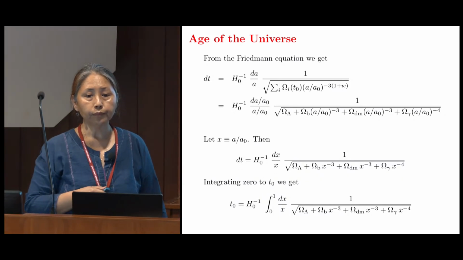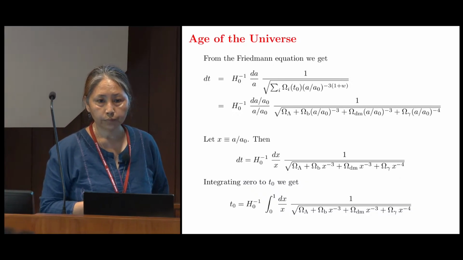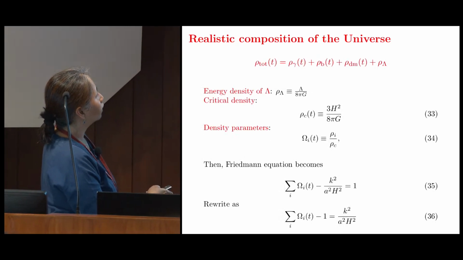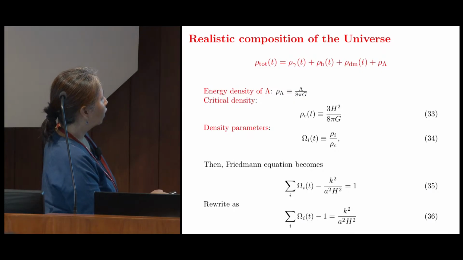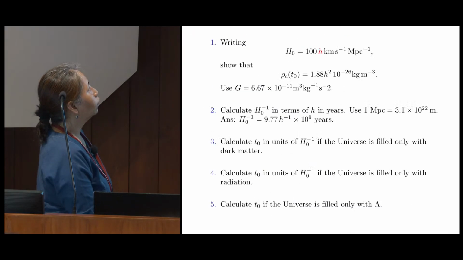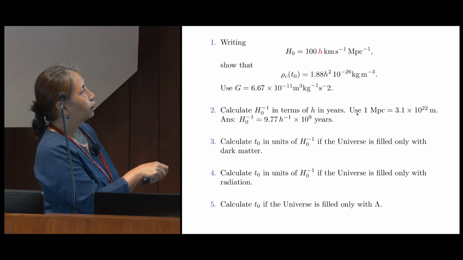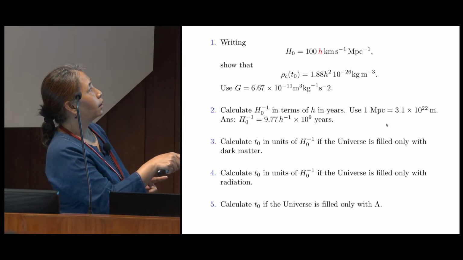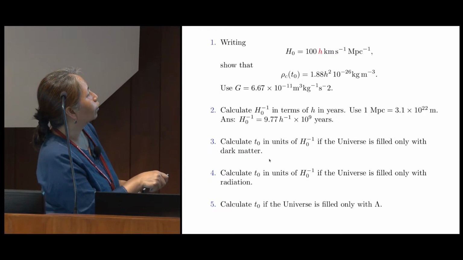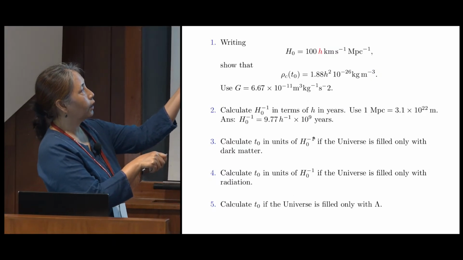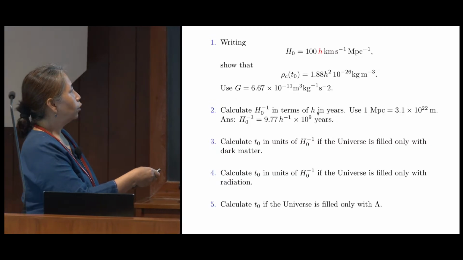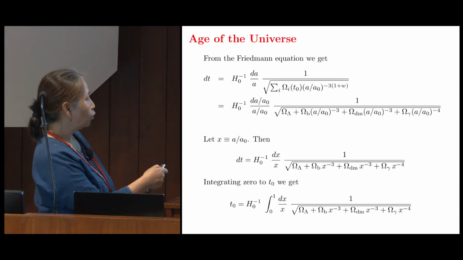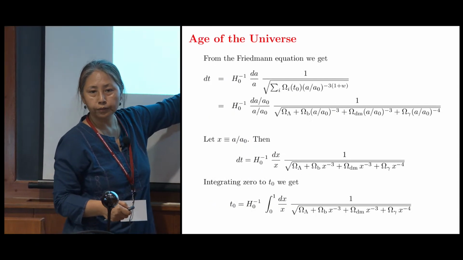So what is the difference between what you found here versus the exercise you found? Exercise, is it this one? Well, that exercise is supposed to be related to what I just described, the age of the universe. This number we know, the H naught inverse is about 10 gigayears. So, that is useful to already get an idea what this number is going to be.